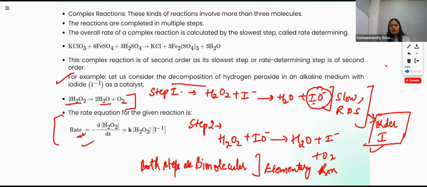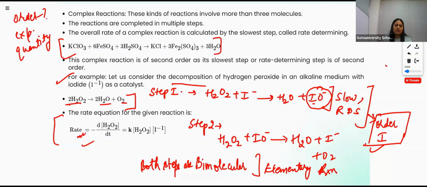All right. So what we conclude from here is that order is an experimental quantity. We cannot tell just by looking at the reaction, as it appears to have an order like 10. We have to calculate the order experimentally.